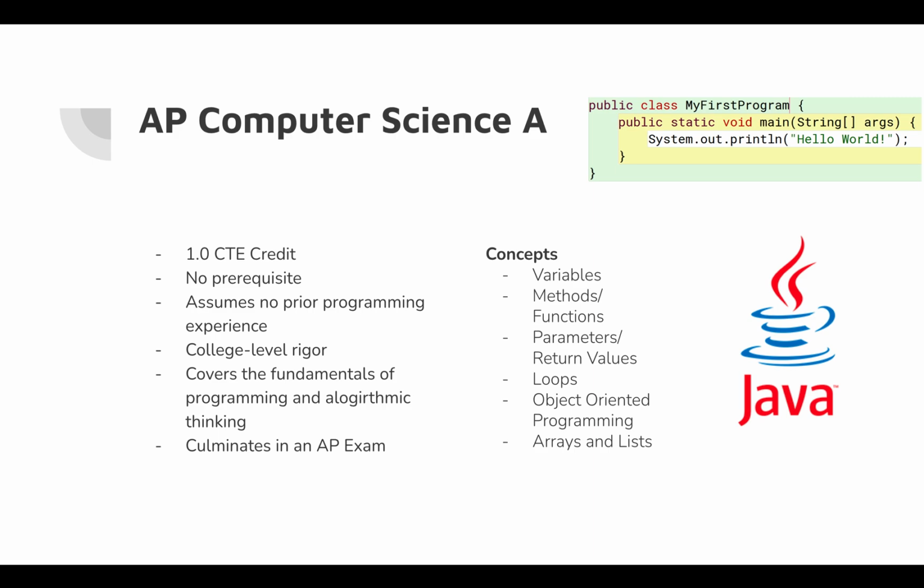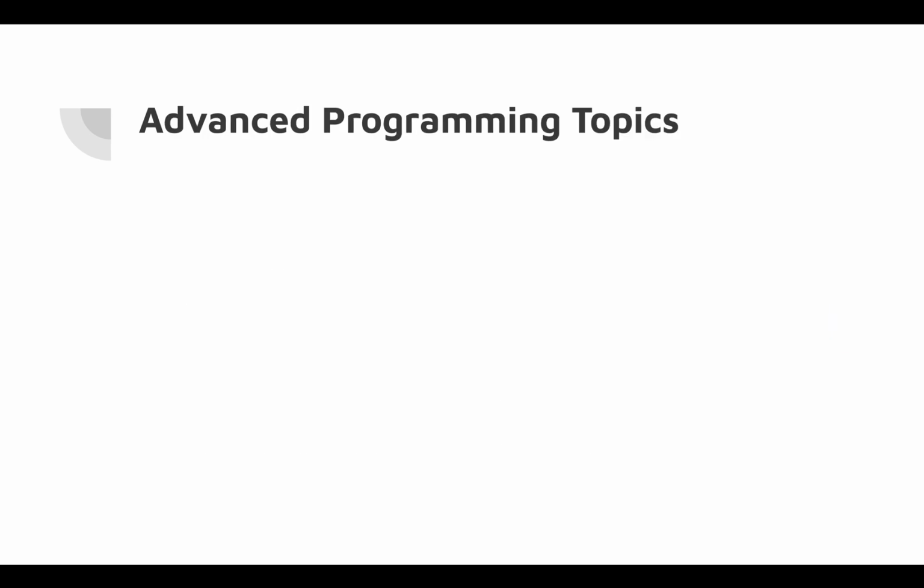So we've done Intro, APCS P, APCS A. The fourth class in our offering is called Advanced Programming Topics. This is the one class that you do have to have completed a different class in first. It's another year-long CTE credit, and it does require AP Computer Science.